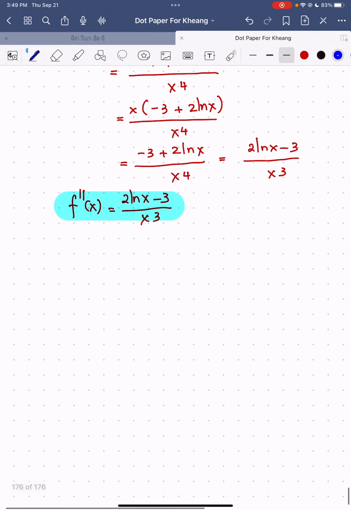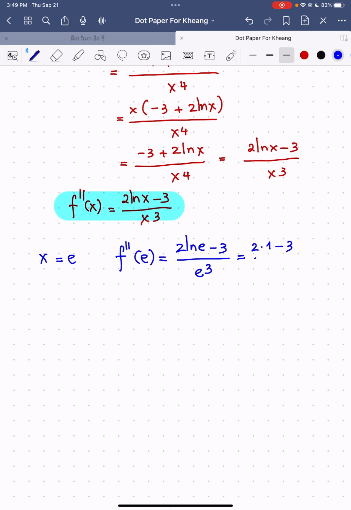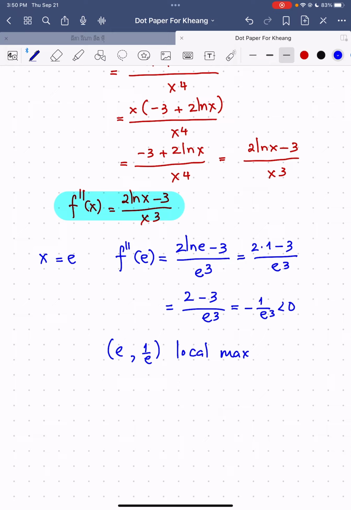So if we plug x equal e into the second derivative, f second derivative of e equals 2 ln e minus 3 over e cubed, and that will be 2 times 1 minus 3 over e cubed, because ln e equals 1. So 2 minus 3 over e cubed, negative 1 over e cubed, which is less than 0. So we can consider e and 1 over e to be a local maximum point.